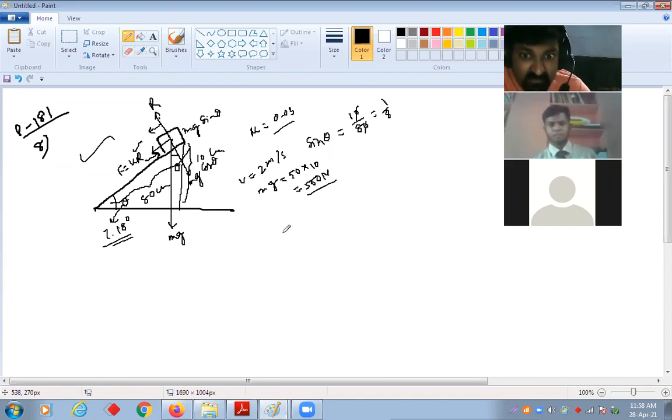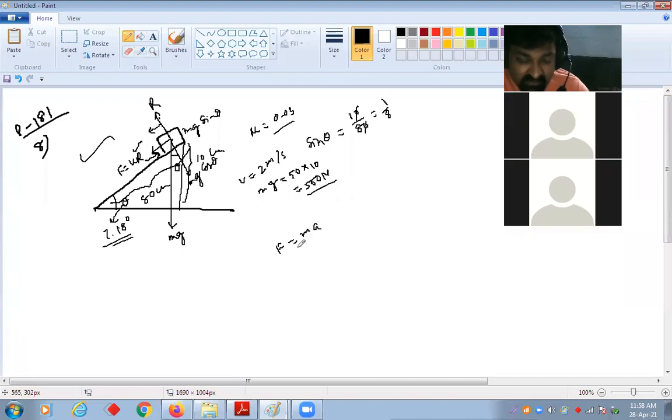If it is acting under a force, we know that F is equal to m into a, mass into acceleration, right? And we also know one formula, that V is equal to U plus A into T. A means here acceleration. So final velocity is 2 meter per second. Initial velocity was 0. Acceleration we don't know.